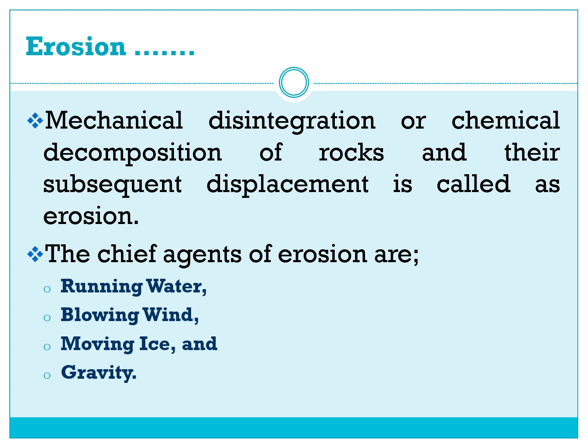Moving ice: glaciers carve valleys, transport rocks, and deposit debris as they move and melt. Gravity: gravity pulls materials downhill, causing landslides, mud flows, and other forms of mass wasting. We'll be discussing erosion by different agencies in the next presentations.